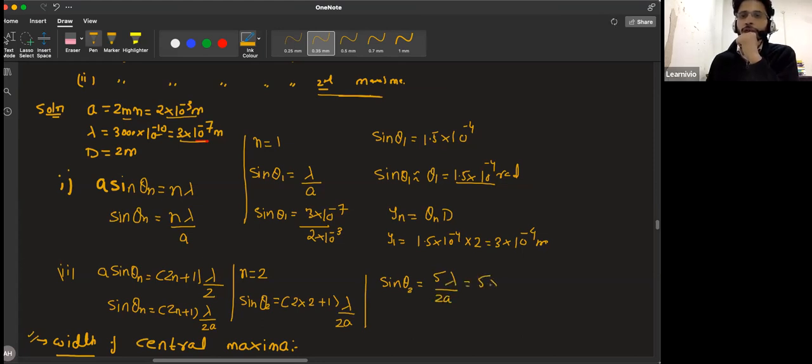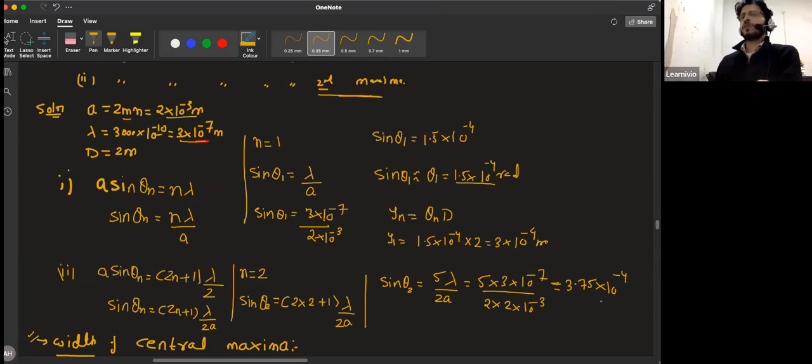So it's 5 lambda, which is 3 into 10 raised to the power minus 7, over 2a. a is 2 into 10 raised to the power minus 3. So it's 15 by 4. How much is 15 by 4? It's 3.75, no? Into 10 power minus 4.